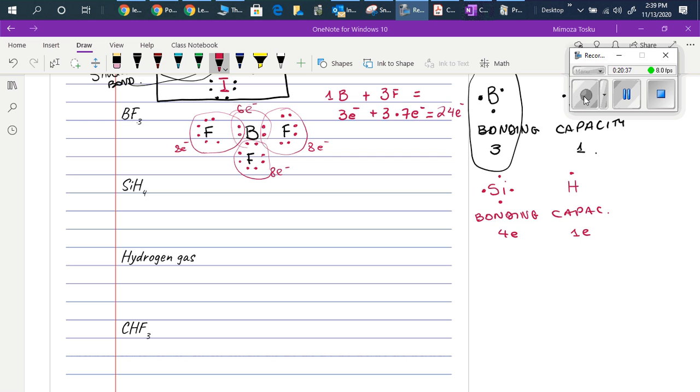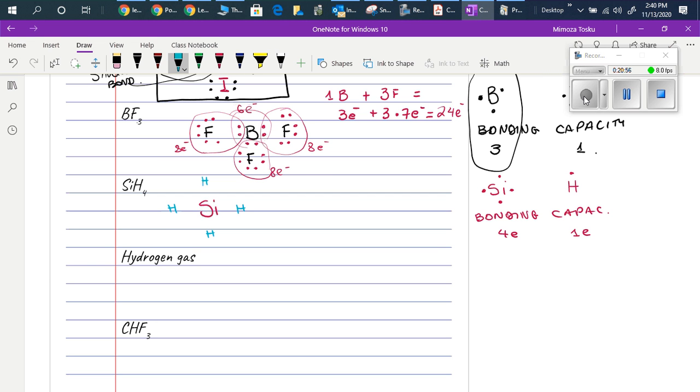So then the central atom will be silicon. Silicon is at the center, and on each of the sides we will place 4 hydrogens.